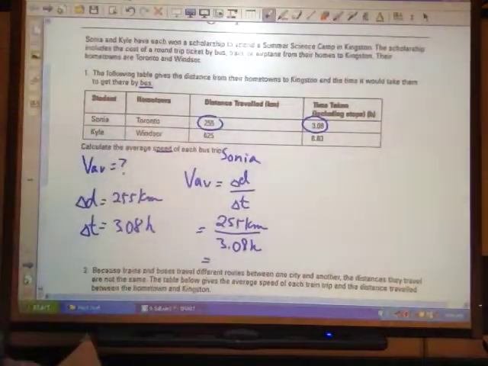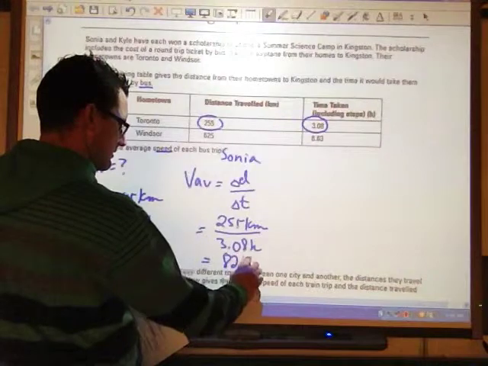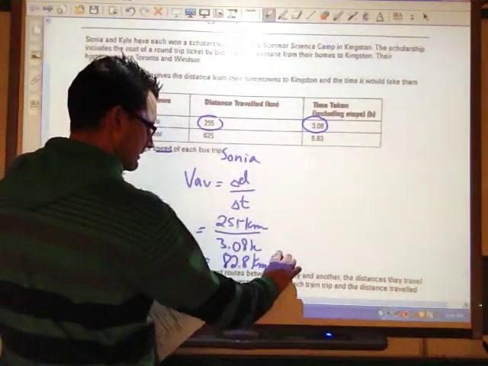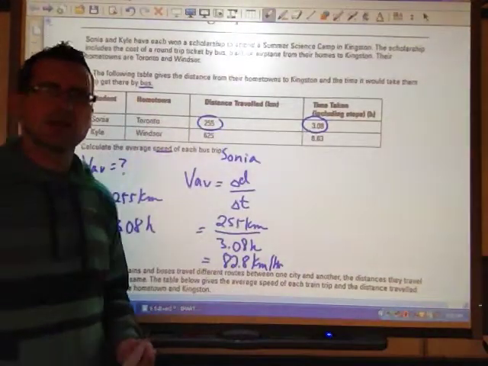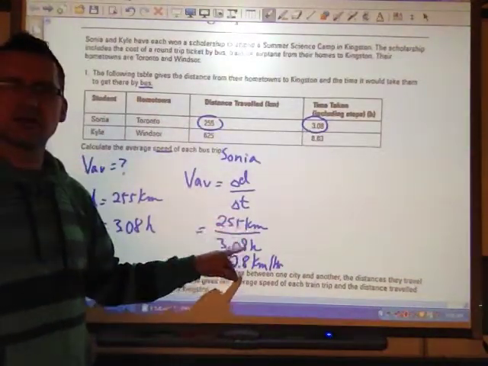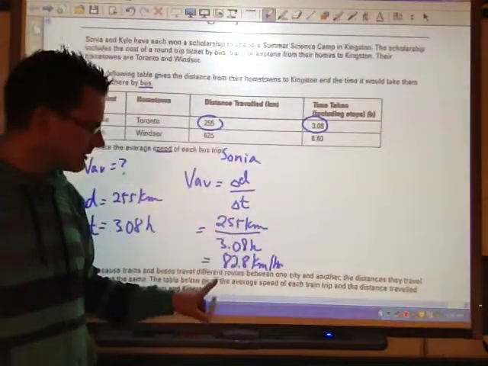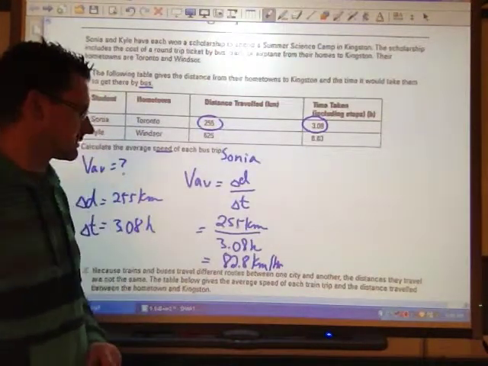And when you figure that out, you should get, I think, 82.8. Now, the units. At the last assignment, they were meters per second. But in this case, our distance is kilometers, our time is hours, kilometers over hours, kilometers per hour. So 82.8 kilometers per hour.